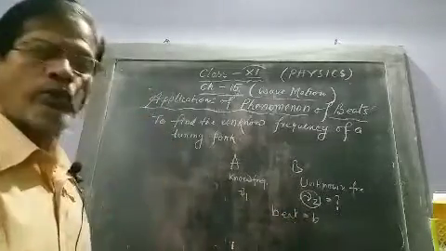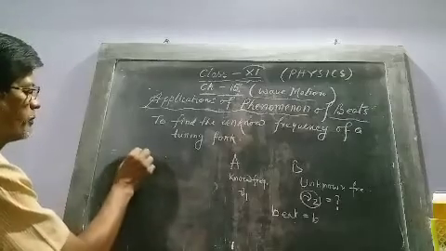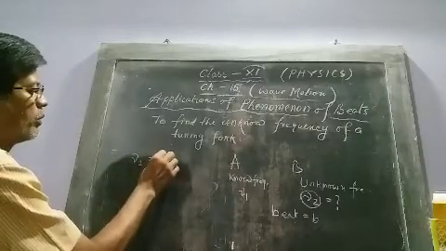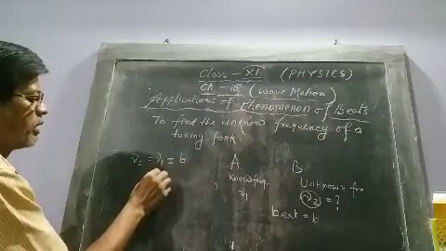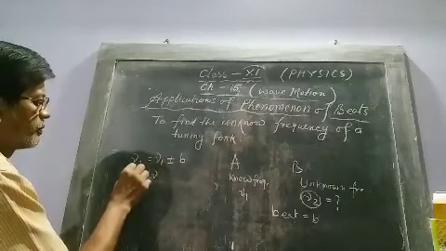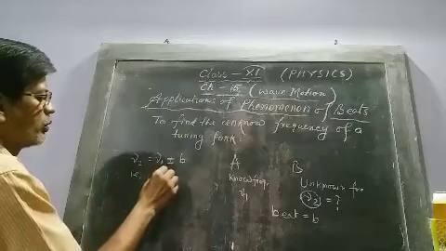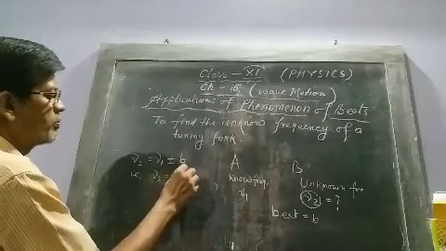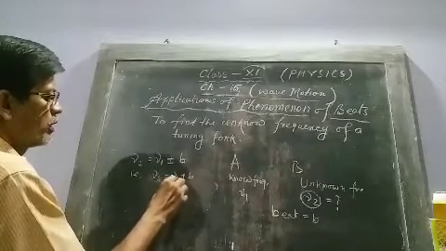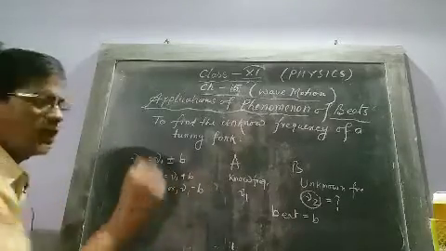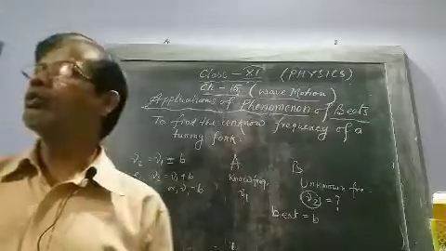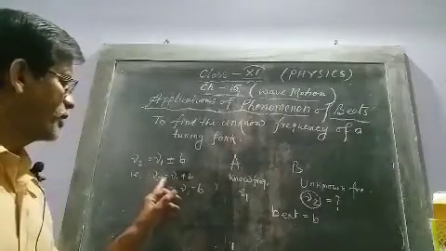So what will be nu2? nu2 will be nu1 plus or minus b. That is, nu2 equals nu1 plus b, or nu1 minus b.